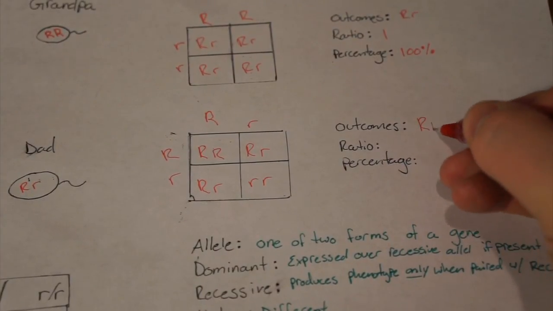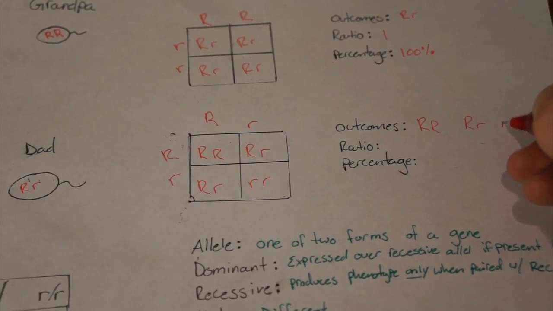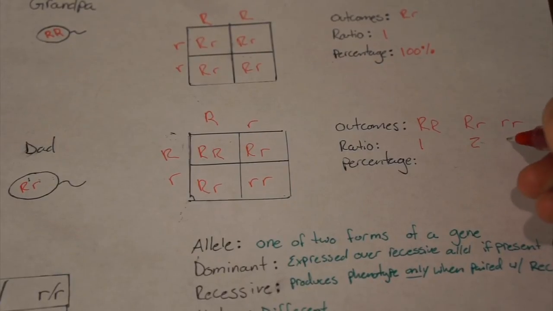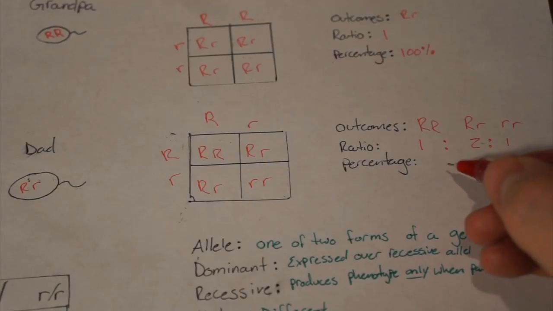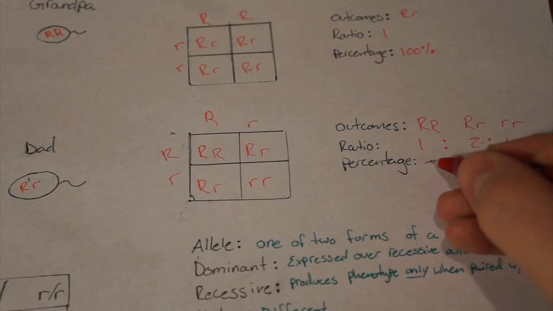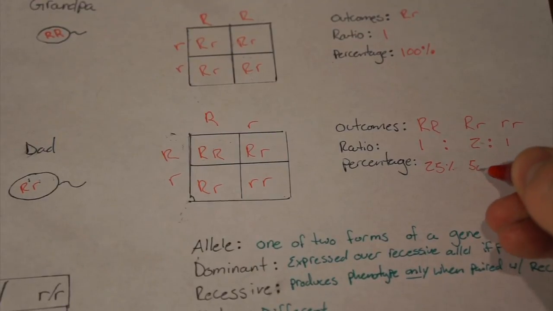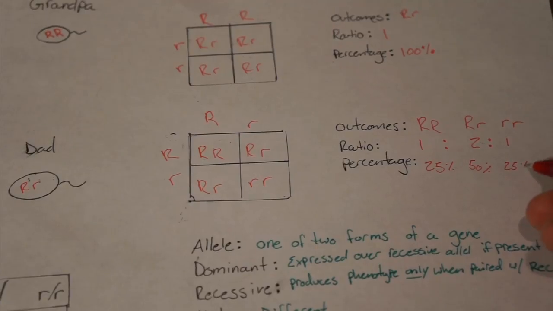Our outcomes can be homozygous dominant, heterozygote, or homozygous recessive in the form of a 1 to 2 to 1 ratio, meaning that I have a 25% chance of having an offspring homozygous dominant, 50% chance of having an offspring heterozygote, or a 25% chance of having a homozygous recessive.